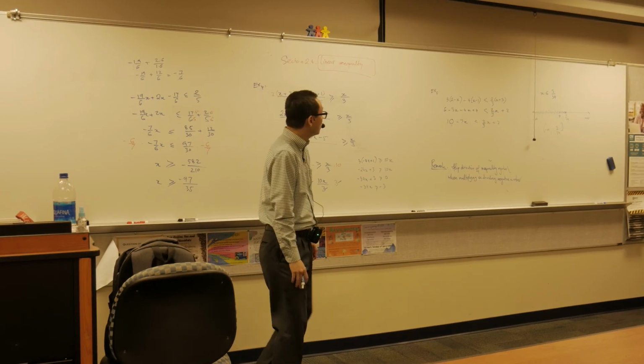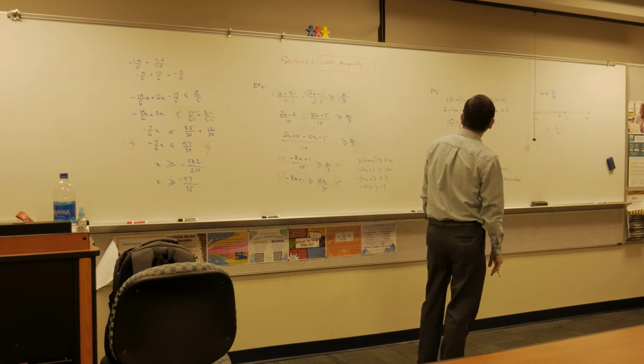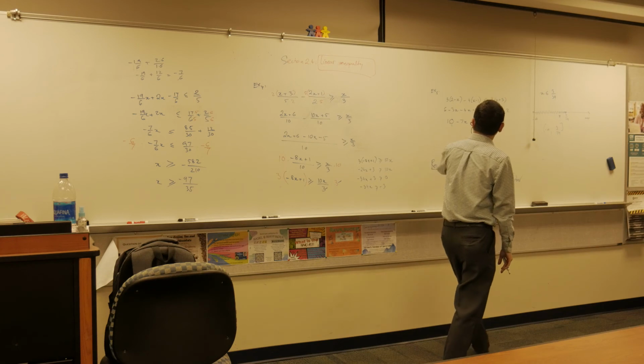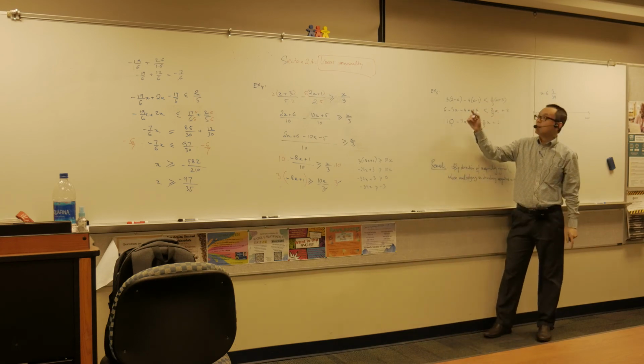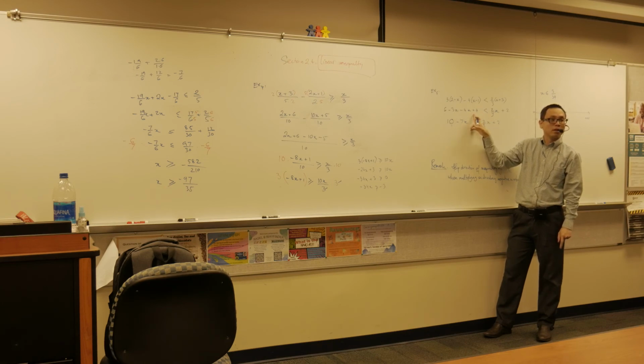No? Is something wrong? Oh no, I did it wrong. You did it wrong? Yeah. Where did you get it wrong? Probably you distributed over here wrong. Negative times positive is negative, negative times negative is positive. You put negative here, but negative times negative is positive.